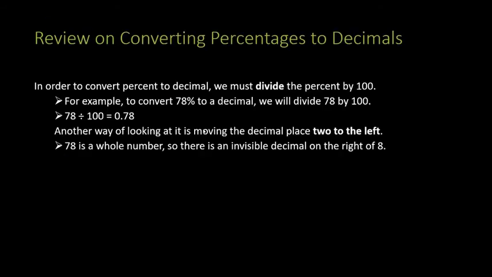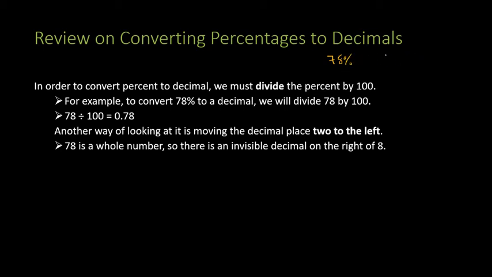And just in case you're a little bit rusty on converting from percentages to decimals and back, remember that in order to convert percent to decimal, we're dividing the percent by 100. Okay? Percentage is really just a symbol that's telling us, for example, here we're talking about 78%. That percent is really just telling us out of 100.